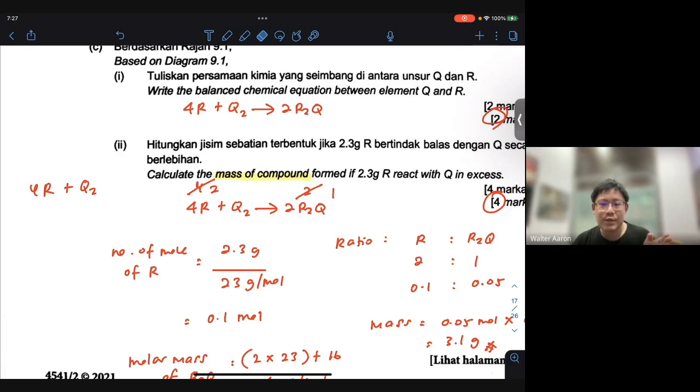Okay, so in any chemical equation at all, you definitely must be able to differentiate which ones are monoatomic and which ones are diatomic. Things like halogens must be diatomic, right? You have F2, Cl2, Br2, I2, and then you can also have things like O2, N2, H2.